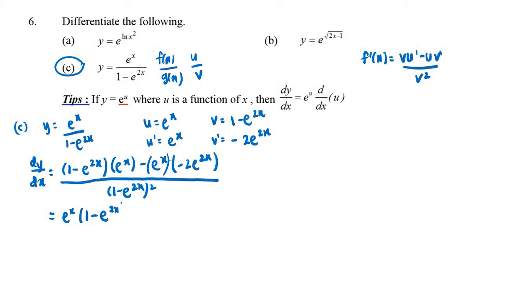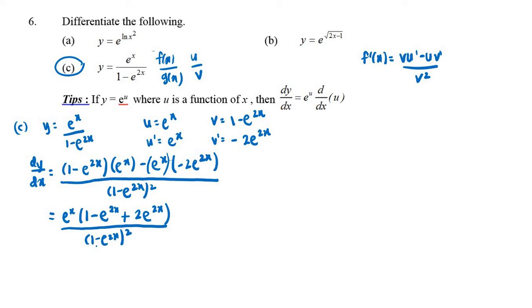Right, and then over here, for the second term we have negative and negative. So factorkan, kita akan dapat plus 2e to 2x. Okay, that's what we have over there. And then still copy this down. Okay, copy this back, 1 minus e to 2x squared.